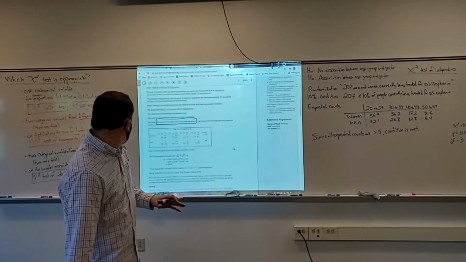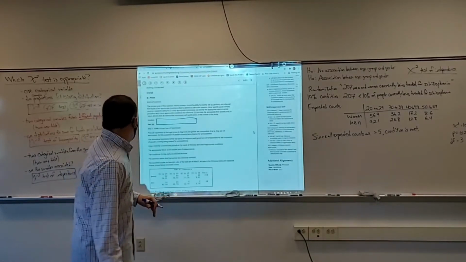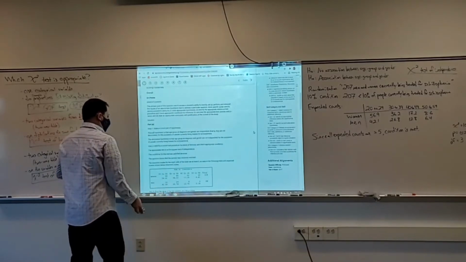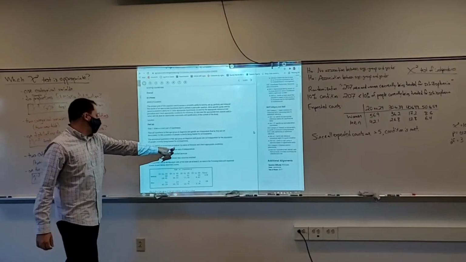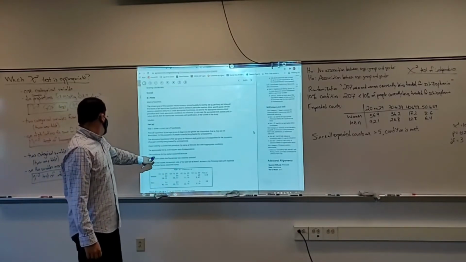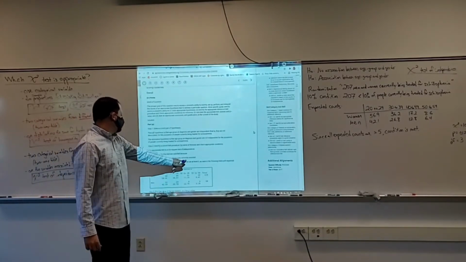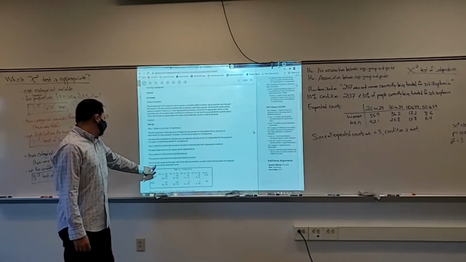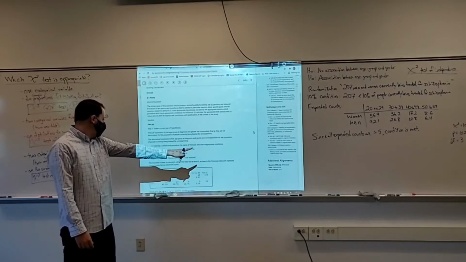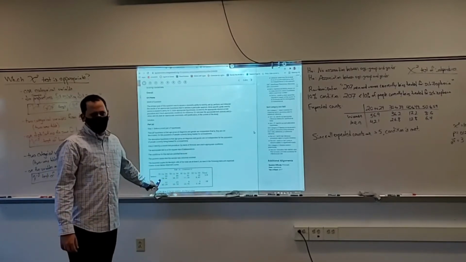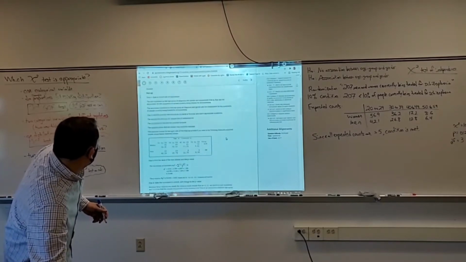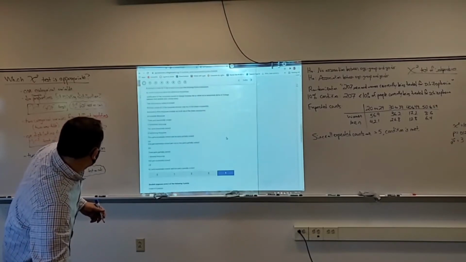But I think this was step 2. Okay, we already identified the correct test procedure by name. So the conditions, it says the sample is randomly selected. We check that one. The expected counts are here. And again, that's what we have. This is computer output. They don't expect you to actually write all that. Okay, so step 2 is essentially just checking conditions.